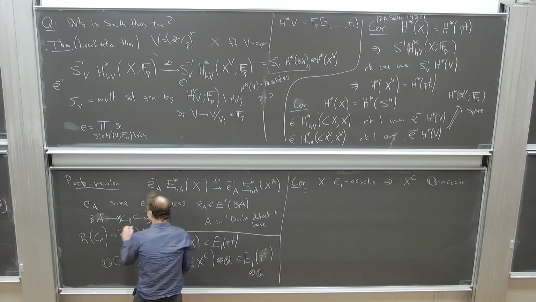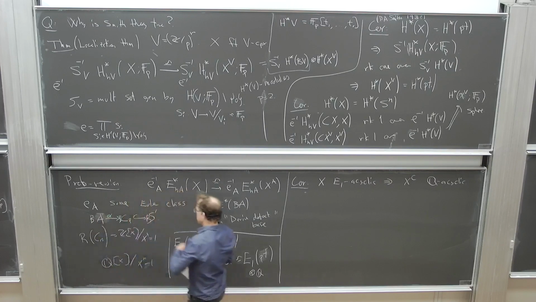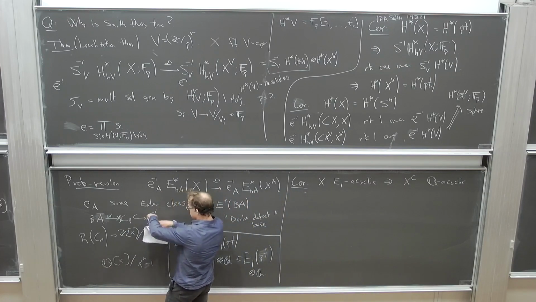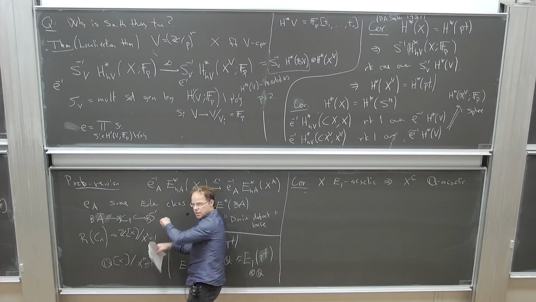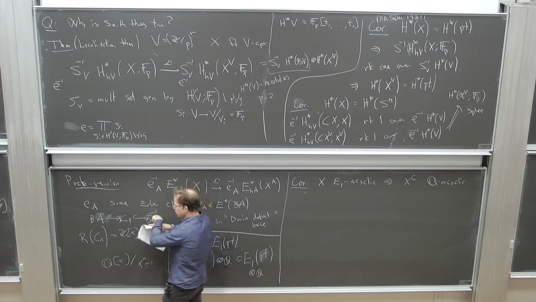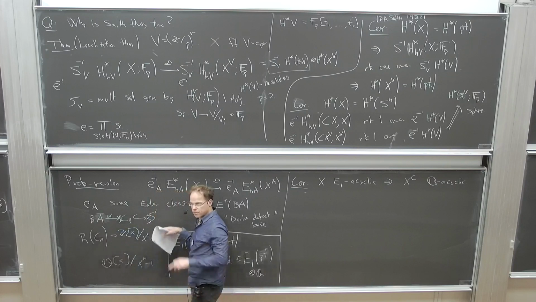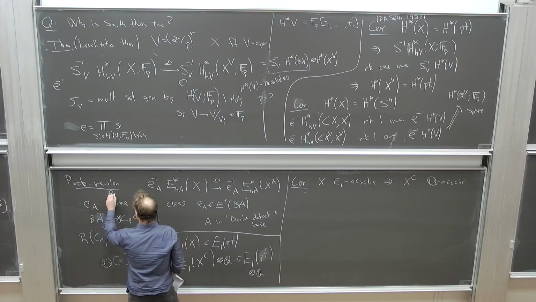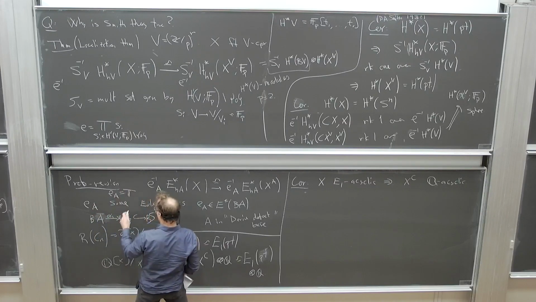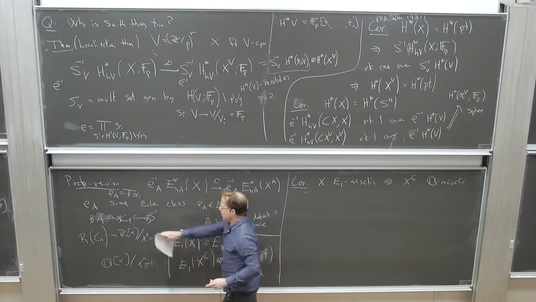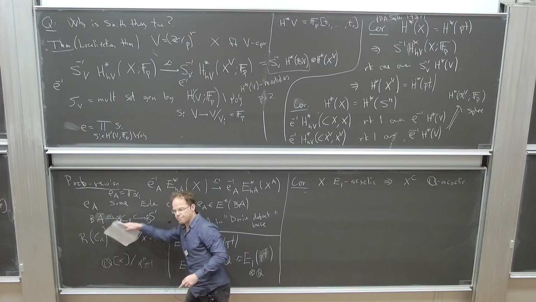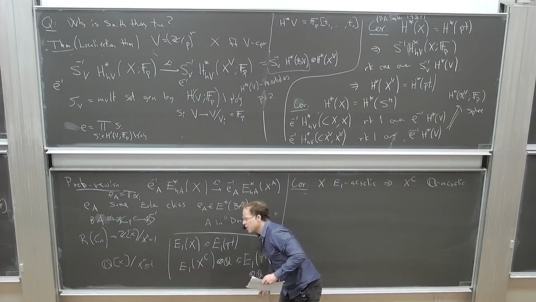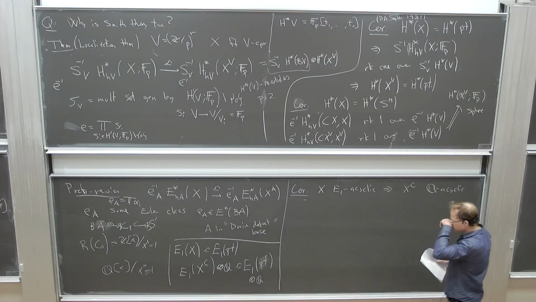So this gives us some alpha, and if it's a complex-oriented theory, this gives us a class in degree 2, and then pulling it back would give us a bunch of classes this way. So we'd still have that EA would be the product over all of these alpha i's, where i would run over all of these homomorphisms. That's how I remember it.